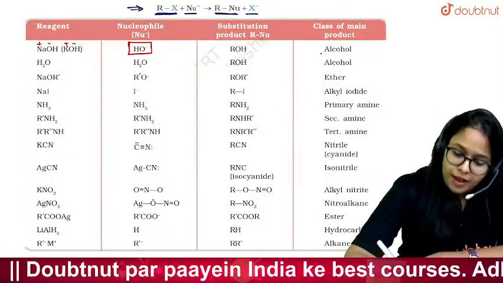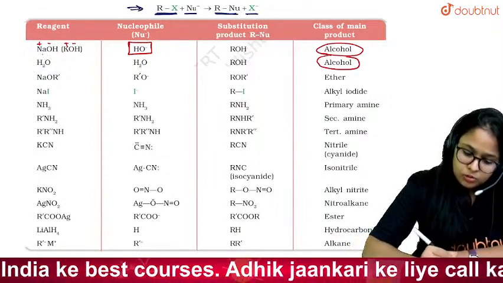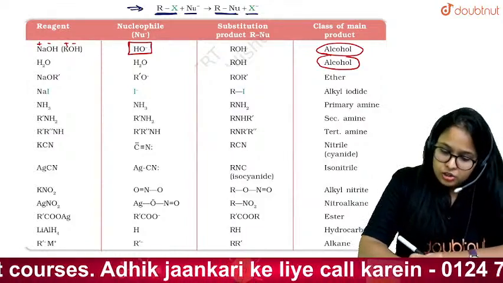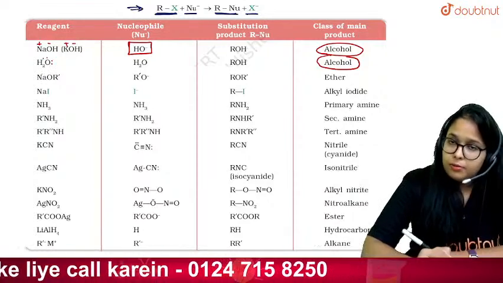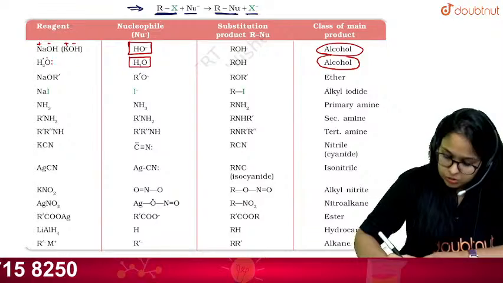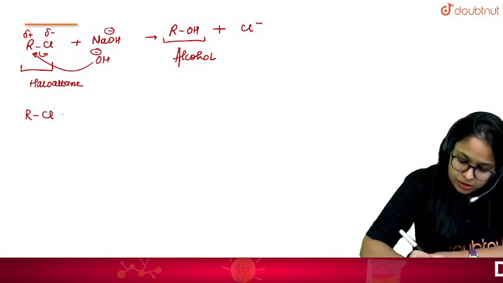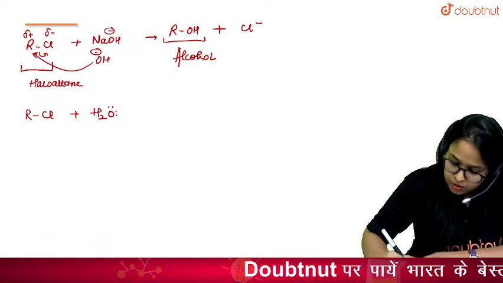Now preparation of alcohols from haloalkanes is either by using a negatively charged nucleophile in the form of OH minus or using neutral nucleophiles such as water. Water too acts as a nucleophile. As you know, the oxygen atom in water has a lone pair. This is electron rich.